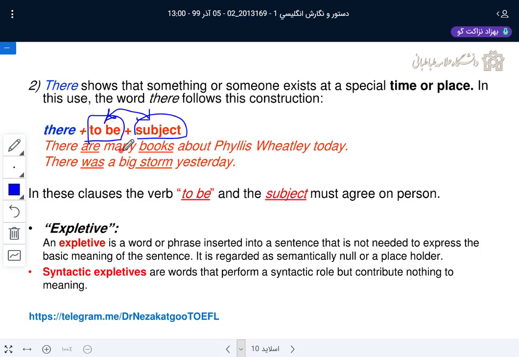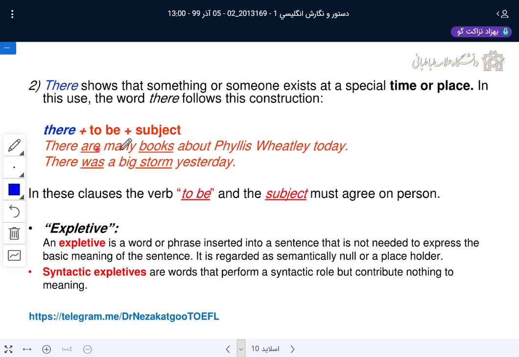So there are many books. If here, there and nowhere initiate any clause, okay, at the beginning of a sentence or in the middle of another sentence, any clause, if we have here, there and nowhere, the subject goes after the verb.